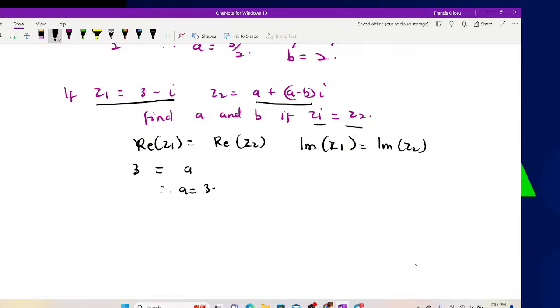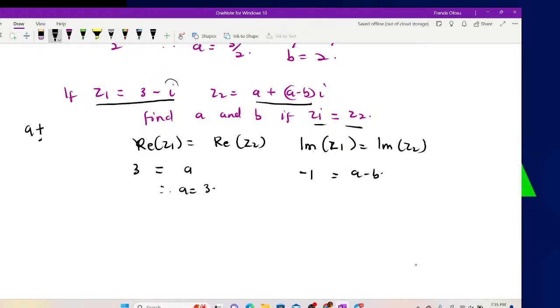The imaginary part of Z1 here is the coefficient of the operator i, which is -1. It is -1 because the general representation of complex numbers is a plus, not negative. So since the general representation is positive and here is negative, we can say that the coefficient of i is -1. In Z2, the coefficient of i is a minus b.